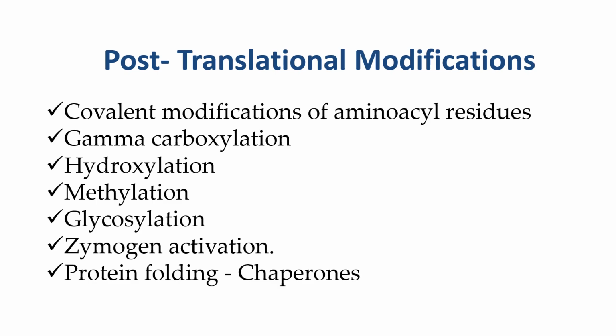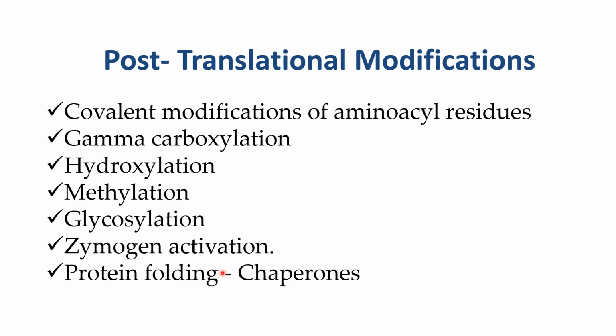Like post-transcriptional modification, post-translational modification also takes place. The naive, or nascent, protein formed at the end of translation will undergo certain modifications. It will undergo covalent modification of amino acid residues: gamma carboxylation, hydroxylation, methylation, glycosylation, zymogen activation, and very importantly, protein folding.